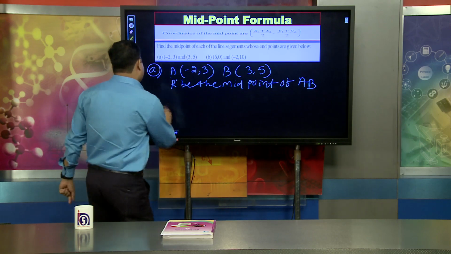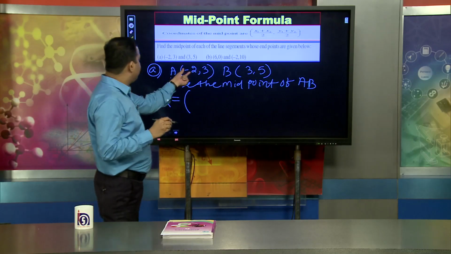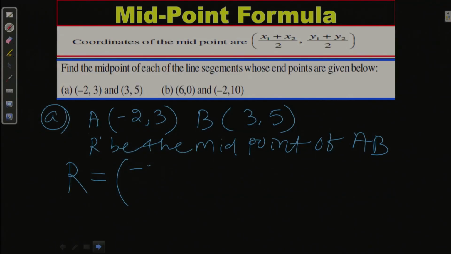The R coordinate will be x1 plus x2, that means minus 2 plus 3 by 2, comma y1 plus y2, that means 3 plus 5 by 2.